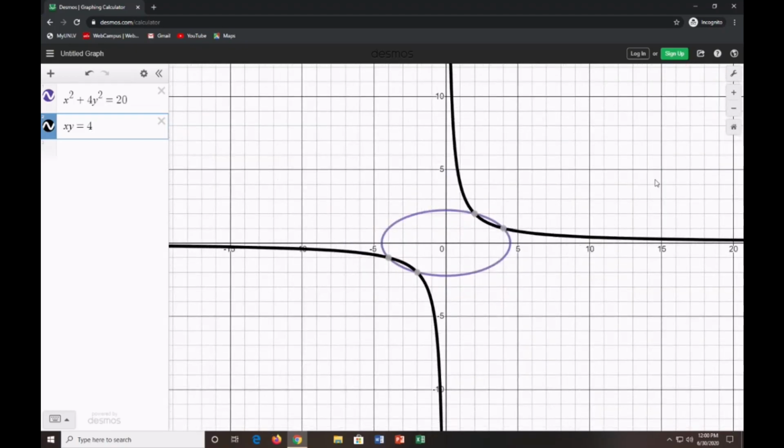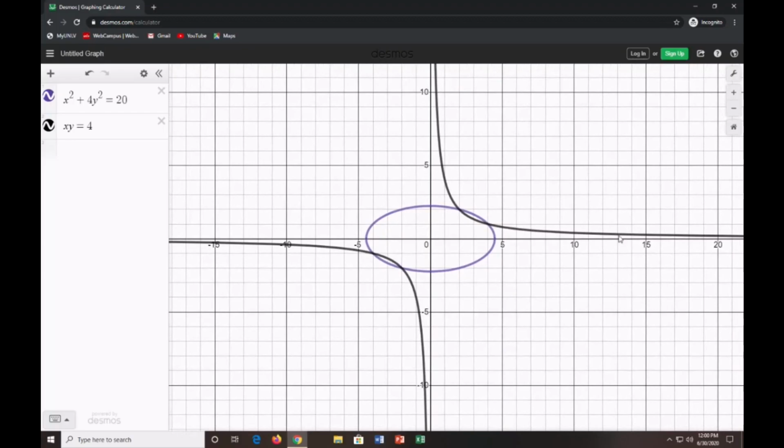I think this is enough for zooming out. So look at these curves. They are intersecting each other at 4 points, right? When we solved the system, we found 4 intersection points. Let's plot those points on the curves. So we found 2, 2, right there, the red dot.